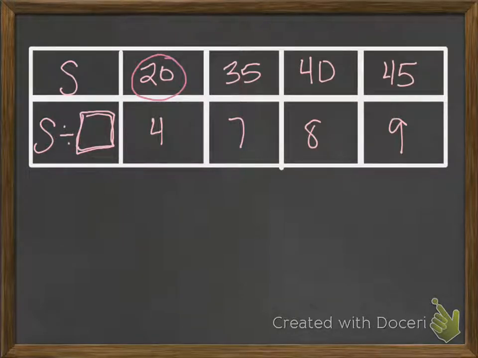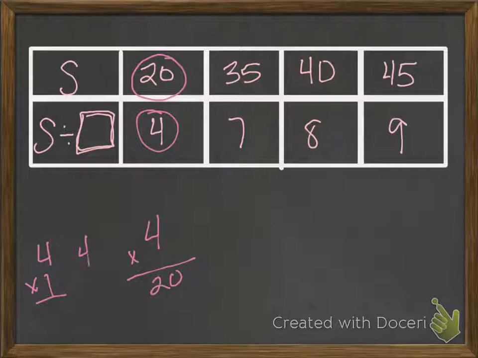So I can start with my 4, and I can say 4 times what gives me 20. So I can go through my 4 facts, 4 times 1, 4 times 2, 4 times 3, and then when we get to 4 times 4, which gives us 16, so that cannot be right.